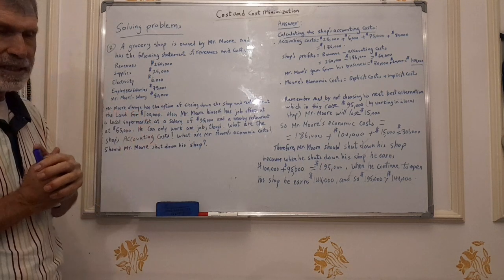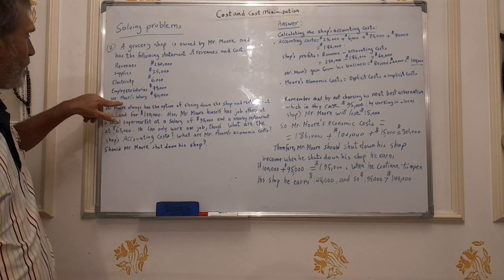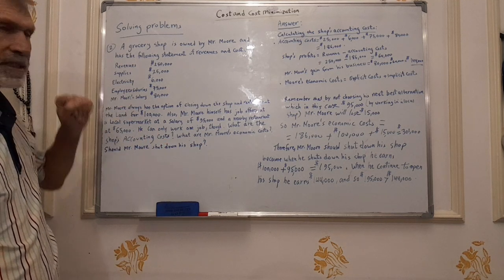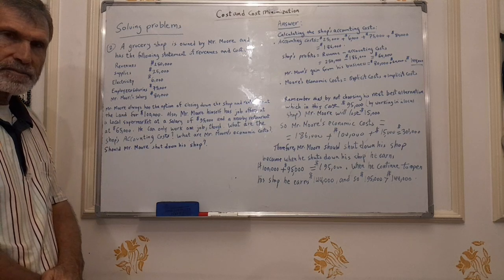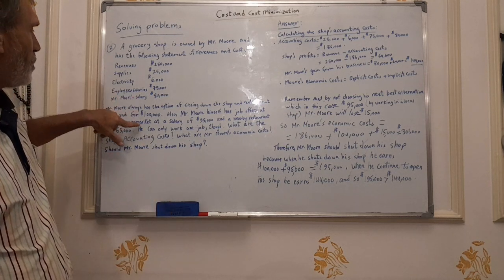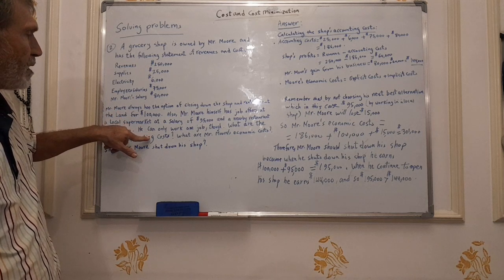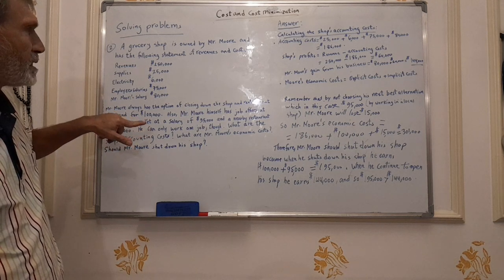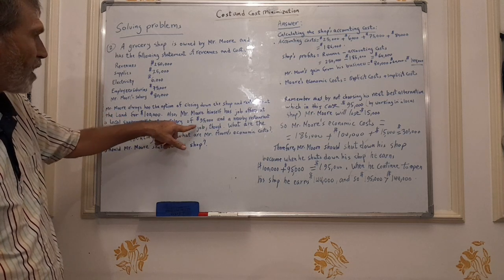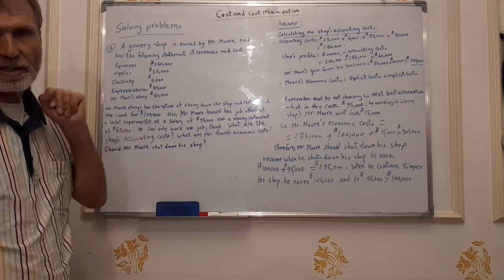Look at this scenario. Look at this explanation over here. If, let's say, Mr. Moore is not getting a salary of $80,000, then by not choosing his next best alternative, which is in this case $95,000, he will lose $95,000.